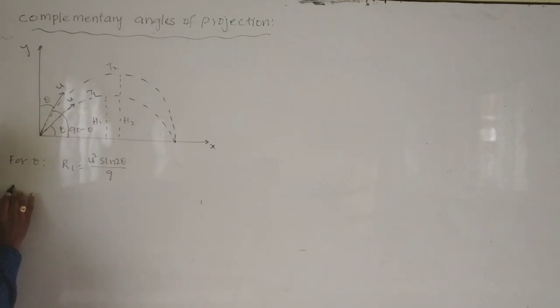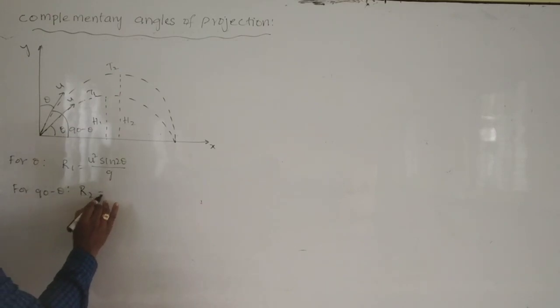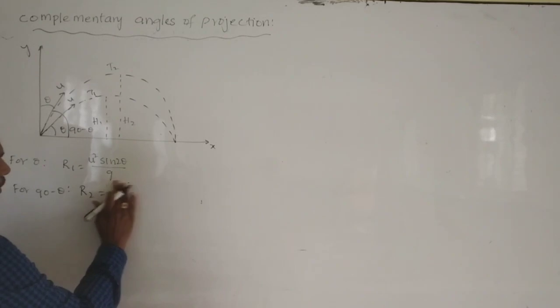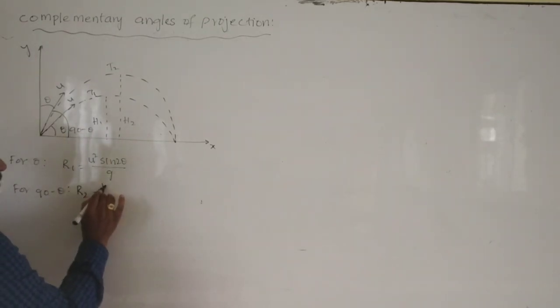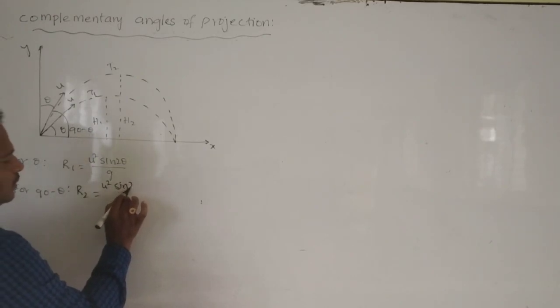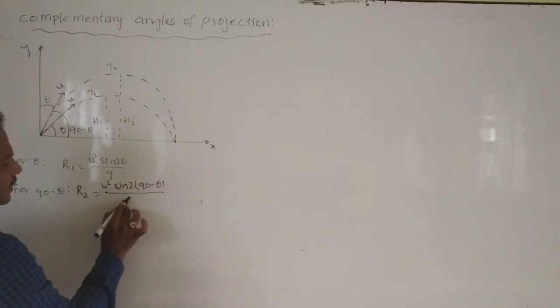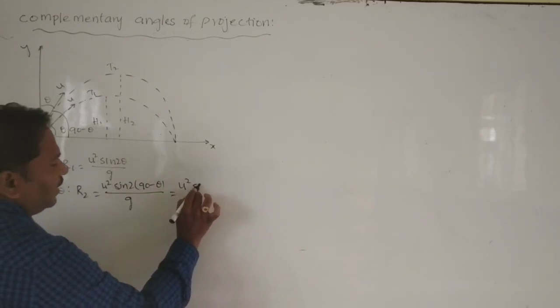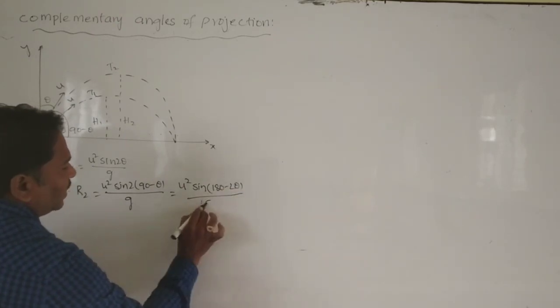Then we projected for 90 minus theta, so the range R2 equals u square sin 2 into 90 minus theta by g. So this can be written as u square sin 180 minus 2 theta by g.